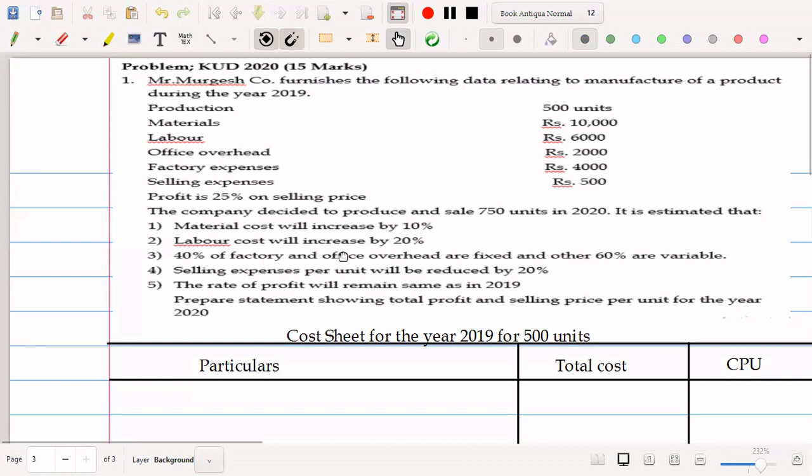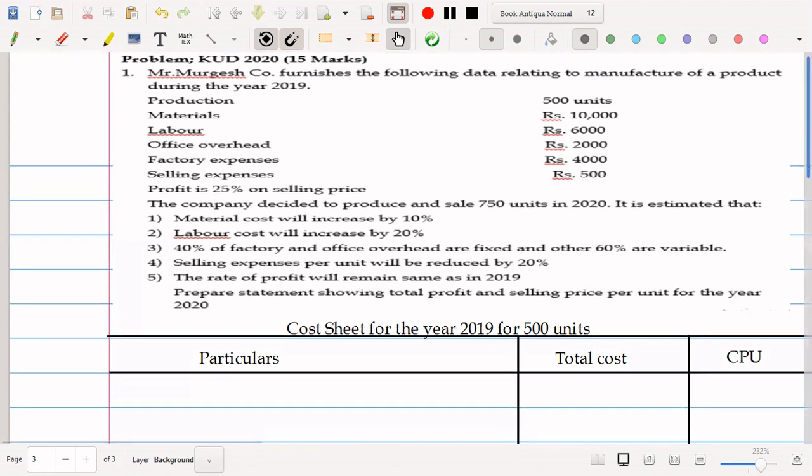Both factory as well as office overhead, 40% is fixed and 60% are variable. Selling expenses per unit will reduce by 20%. That is regarding selling and distribution overhead. The rate of profit will remain same as in 2019. Prepare statement showing total profit and selling price per unit for the year 2020.